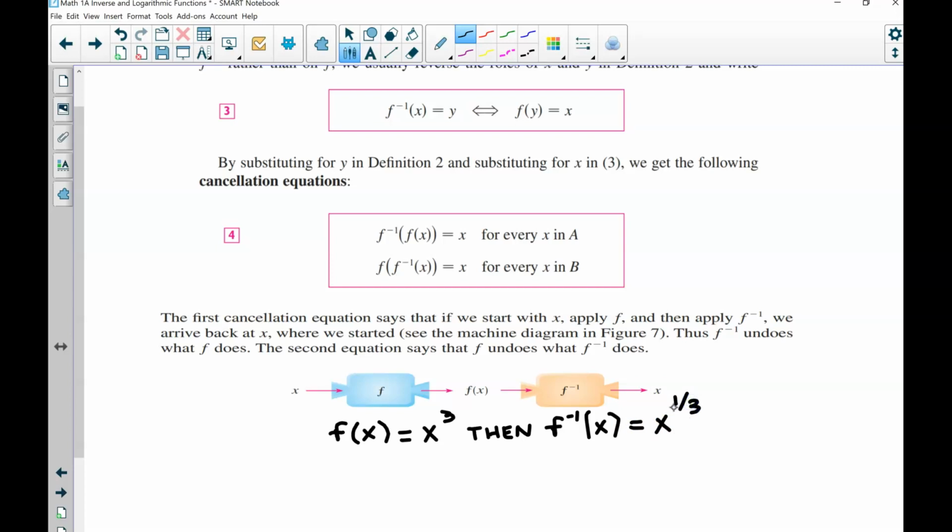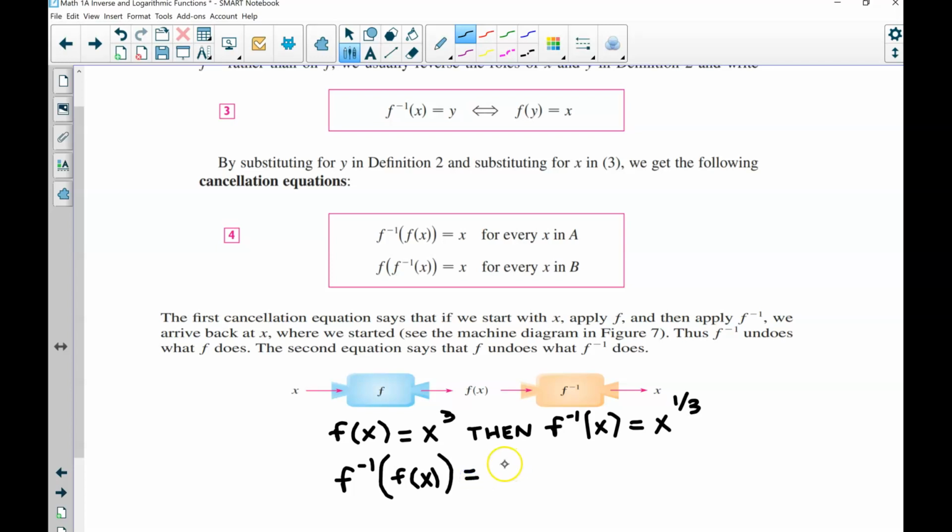And so if we apply those definitions, meaning that if we have f inverse and the input is f of x, so what does that equal?